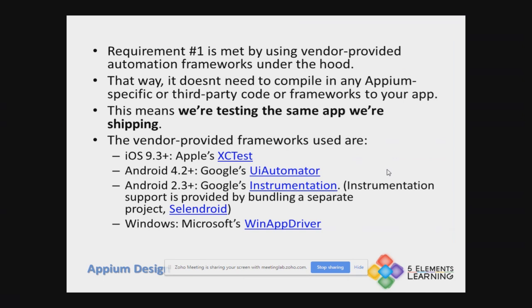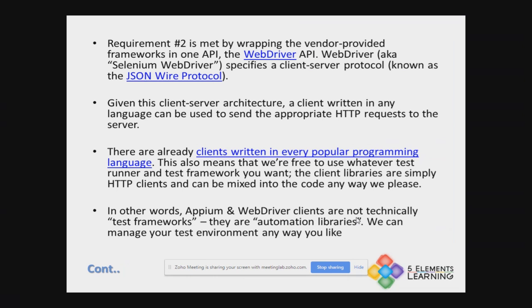The vendor provided frameworks used are Apple's XCTest, Google's UI Automator, Google's instrumentation, and a separate instrumentation tool provided for Android, and WinAppDriver for Windows. So these are the vendor specific frameworks which are available to us.